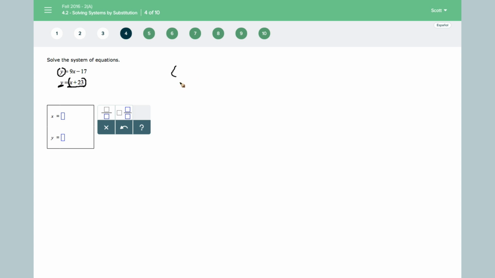So now I have y equals 9x minus 17. What does y equal? What can I put in for y? These are completely interchangeable, which means I can put one or the other, it doesn't matter. I'm going to put x plus 23 right there for y. All I did was take this and plug it in for y.